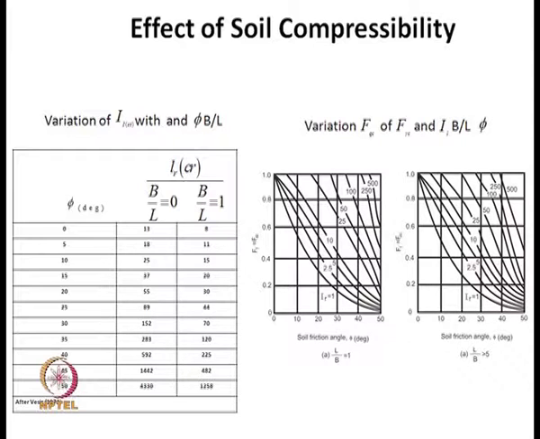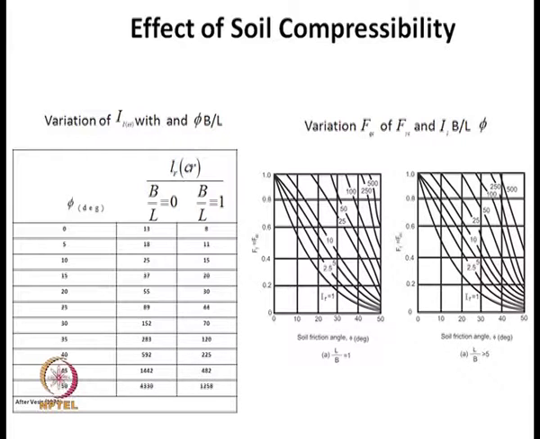So, we can use this table to determine the critical rigidity index of the soil for different B by L and phi values, or we can use the expression that I have presented.